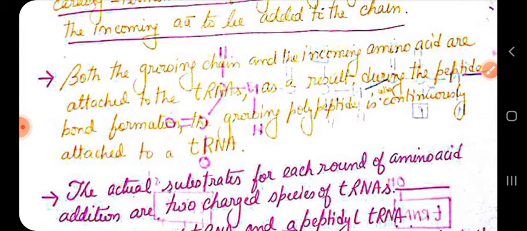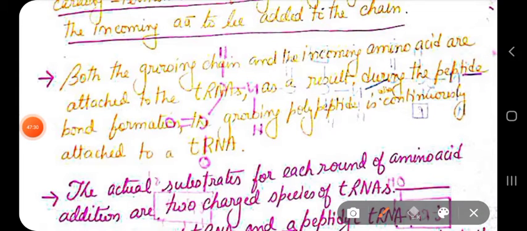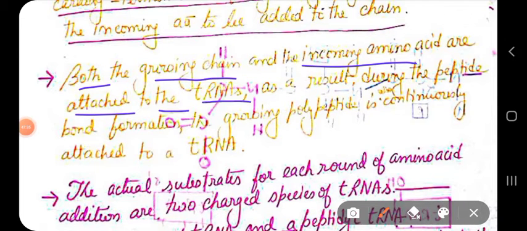One tRNA has the amino acid attached, called the aminoacyl tRNA, which has to be introduced to the growing polypeptide chain, and the other is the peptidyl tRNA, which was already present as a result of elongation. So both the growing chain and the incoming amino acid attached to the tRNA take part in the peptide bond formation, and the growing polypeptide is continuously attached to the tRNA.